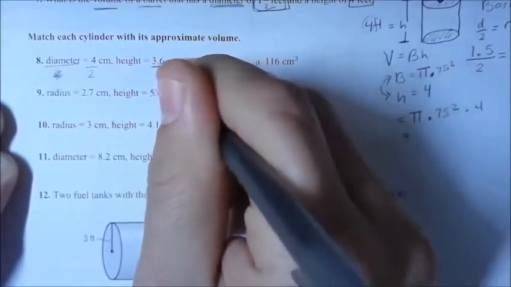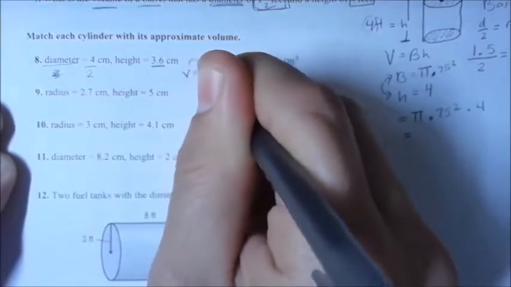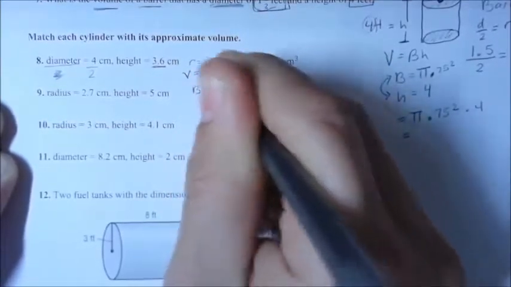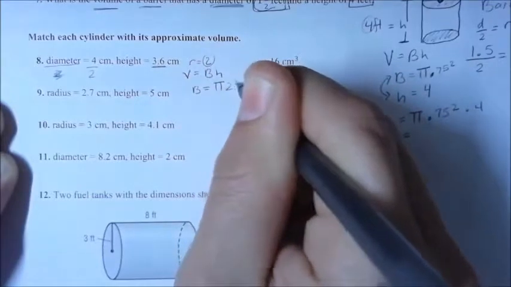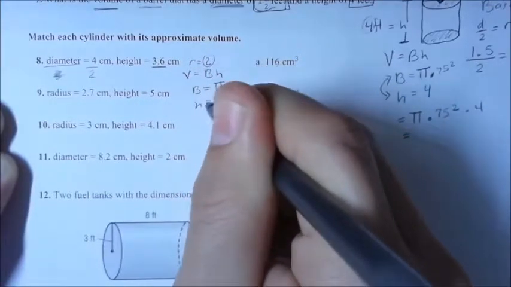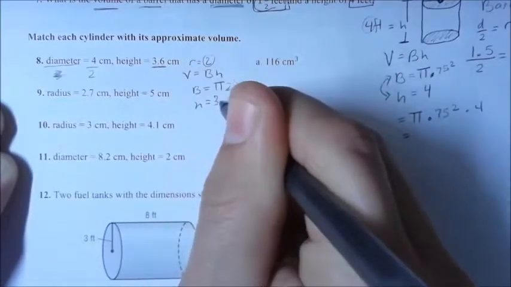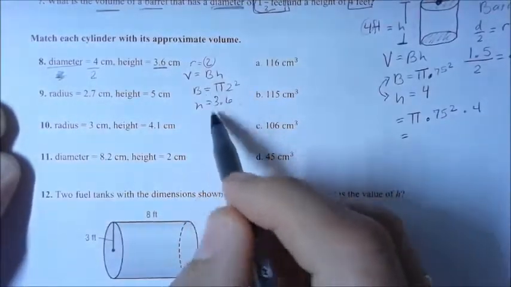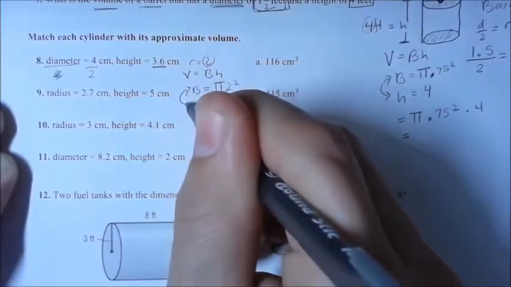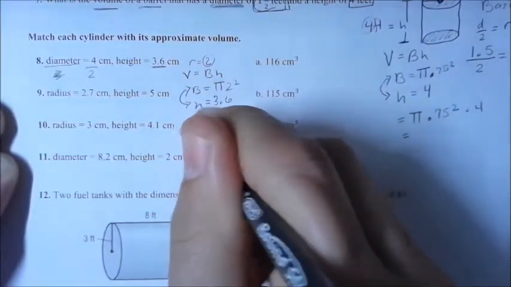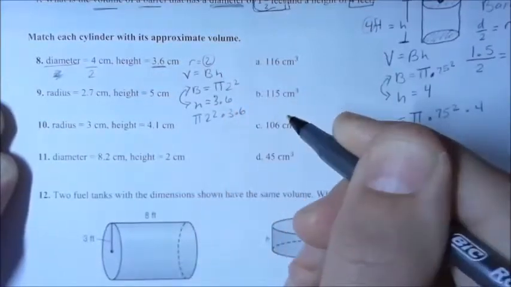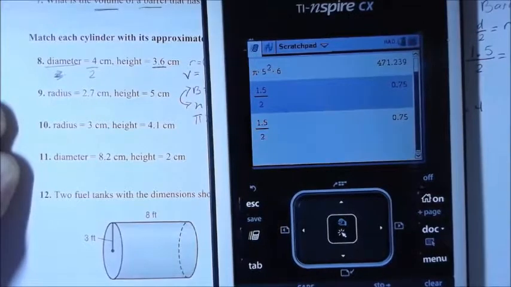Okay, so if we go ahead and say, well, V is equal to big B times H. B is equal to pi r squared. There's my r, pi 2 squared. And H is equal to 3.6. So you could draw a picture for this if you want, or you can just fill in the information. We need to multiply these two together. So we got pi 2 squared times 3.6. Okay, and if I do this one for you, let's see what we got here.